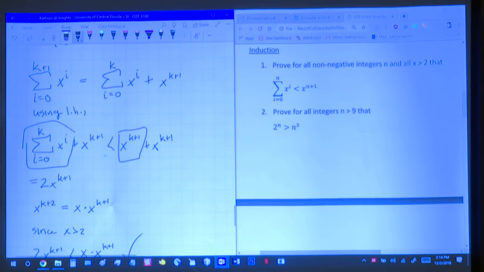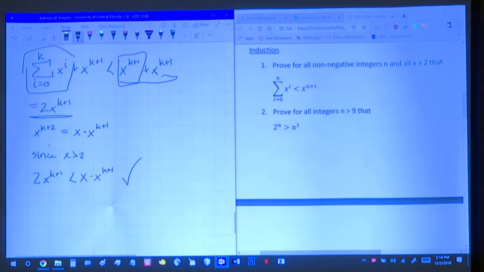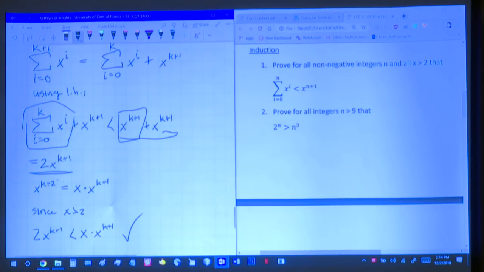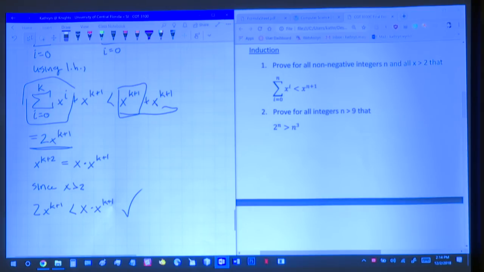So that's why we have this here. And then this side is equal to this. And then we started working with the right-hand side up here, x to the k plus 2. So x to the k plus 2 is equal to x times x to the k plus 1, right? And it was given in the problem that x is greater than 2. So when we have 2 times x to the k plus 1, that is less than x times x to the k plus 1. Does that clarify? Okay. Any other questions?